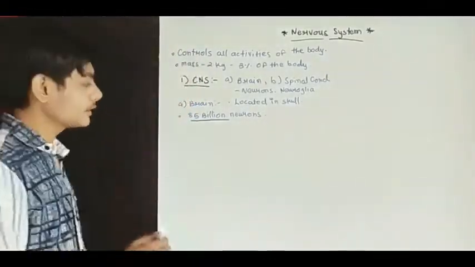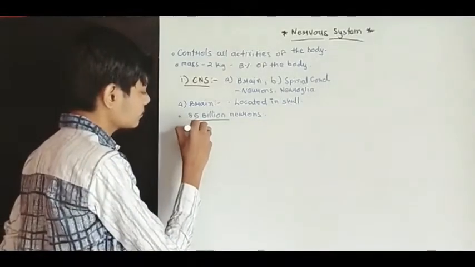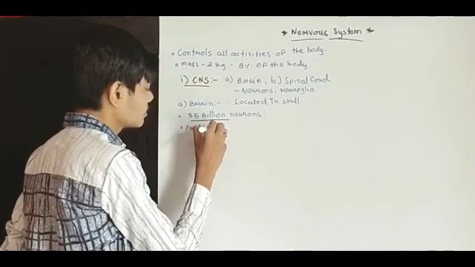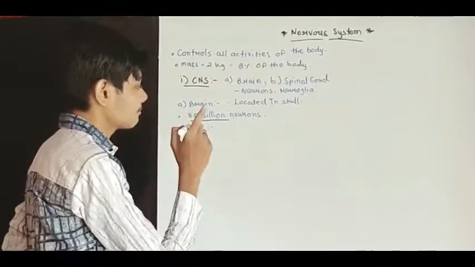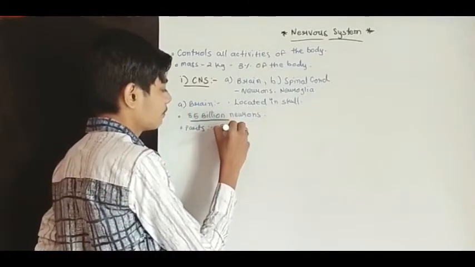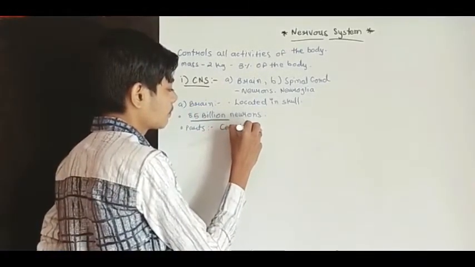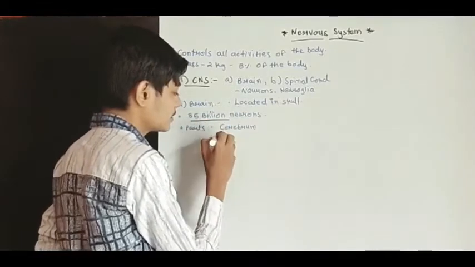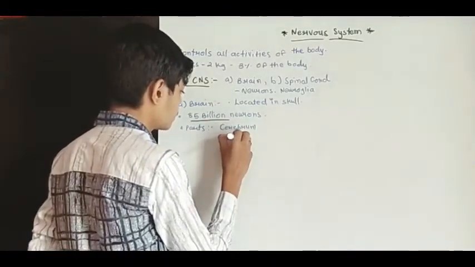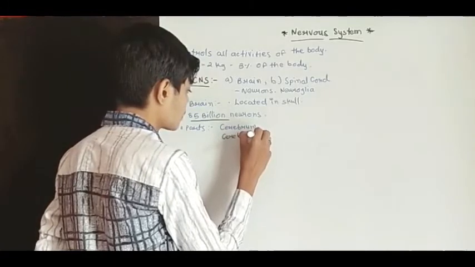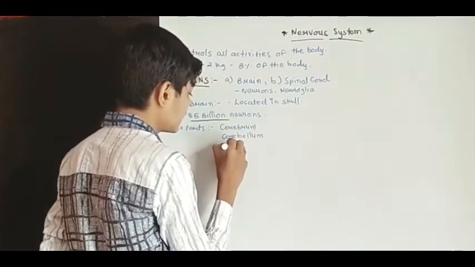એના પાર્ટ્સ આપણે જોઈએ બ્રેઇનના. If we see the parts, first of all comes our cerebrum. Then the next one is cerebellum. Then further diencephalon.